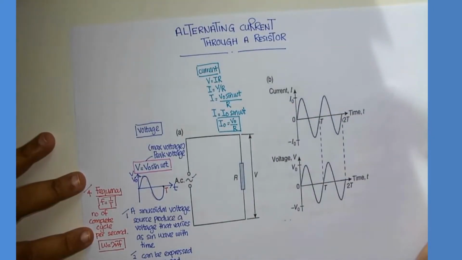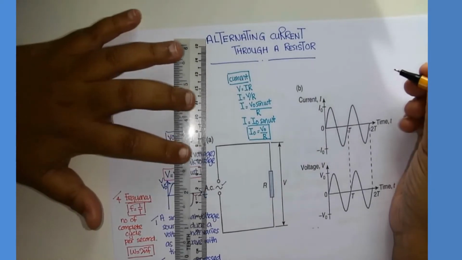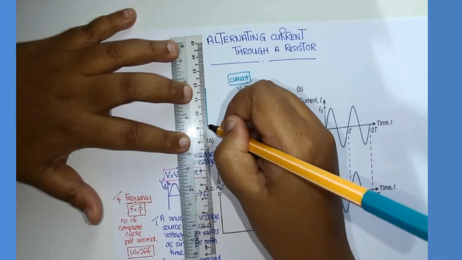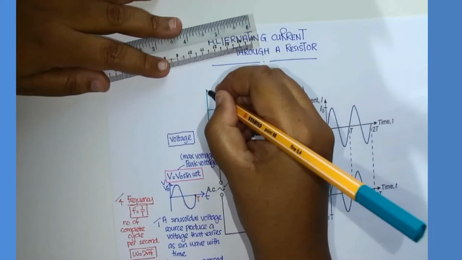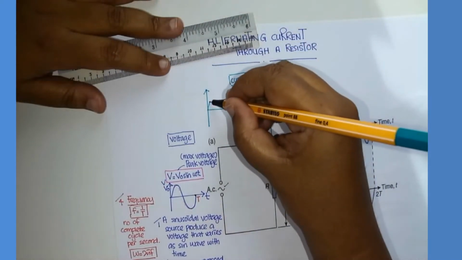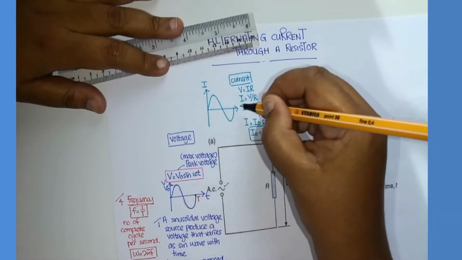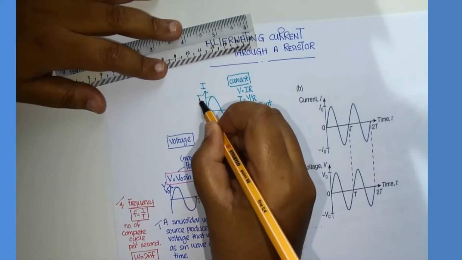If I draw a graph of the function for current, I will get something like this. It's a sine graph, so it will look like this. This is I, this is t, and this one will be the peak current, I naught.